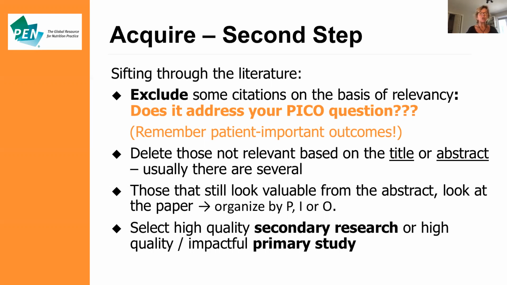So as you're starting to organize the contents based on relevancy, you can also be starting to look at the quality of, when you're looking at the full text of the paper, looking at the highest quality secondary research or a high quality impactful primary study, something that really would have an impact on practice versus a nice to know.